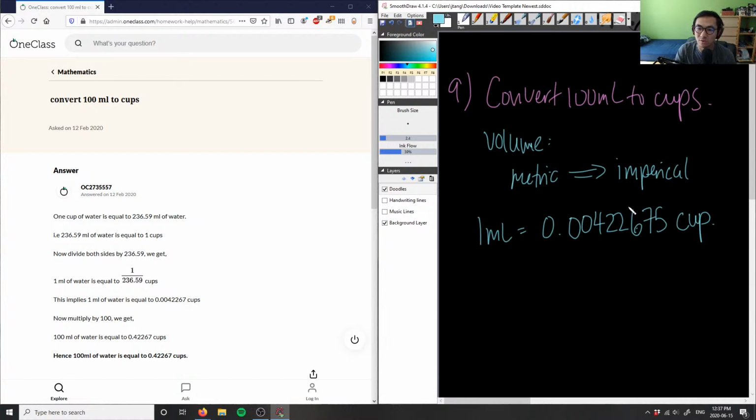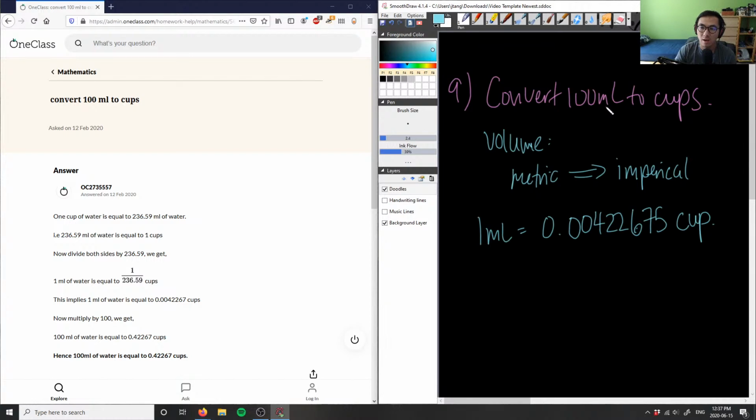So based off this conversion, we can now convert 100 milliliters into cups. Again, you don't basically have to memorize this because it's a conversion between systems, and it's not something that's easy to memorize. So a lot of times we actually just give you the conversion rate here.